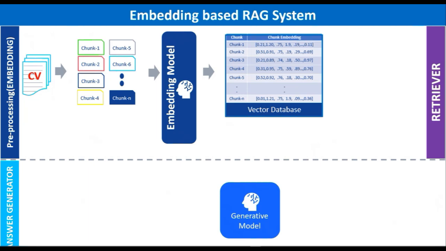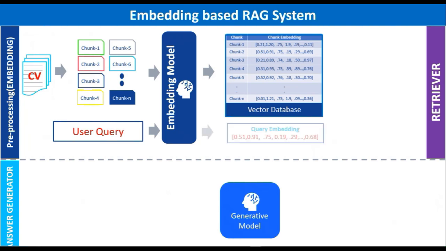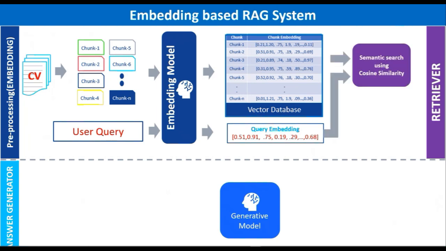Now, when a user submits a query, it is also converted into an embedding using the same embedding model. The query embedding is then compared with the stored embeddings in the database using cosine similarity to identify the chunks which are most relevant to the user query.